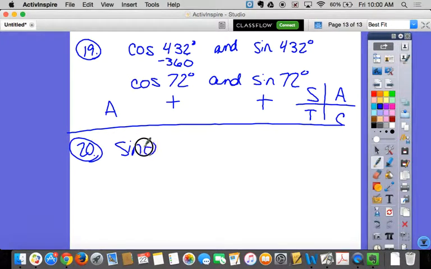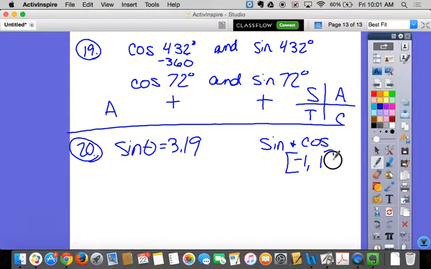Alright, number 20. We have sine of theta equals 3.19. The instructions say decide whether this statement is possible or impossible. This goes to those ranges that we talked about. Remember, sine and cosine are supposed to be wedged in between -1 and 1.